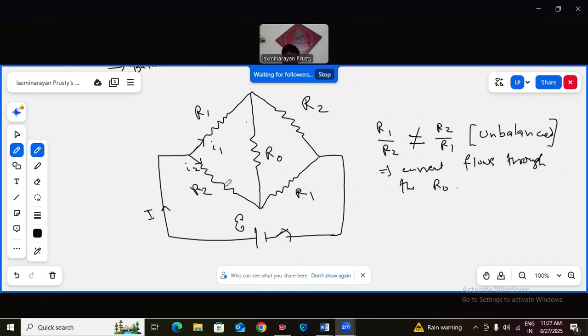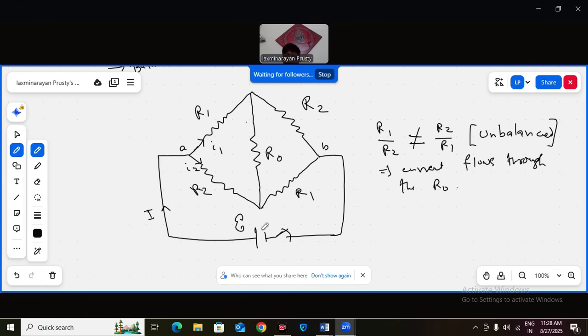So from symmetry, you can see if I1 flows through R1 and I2 flows through R2, if I reverse the cell, then the same I1 will flow like this, and I2 will flow like this. If I reverse the polarity of this cell, looking from A and looking from B, we see an identical arrangement of the resistors.